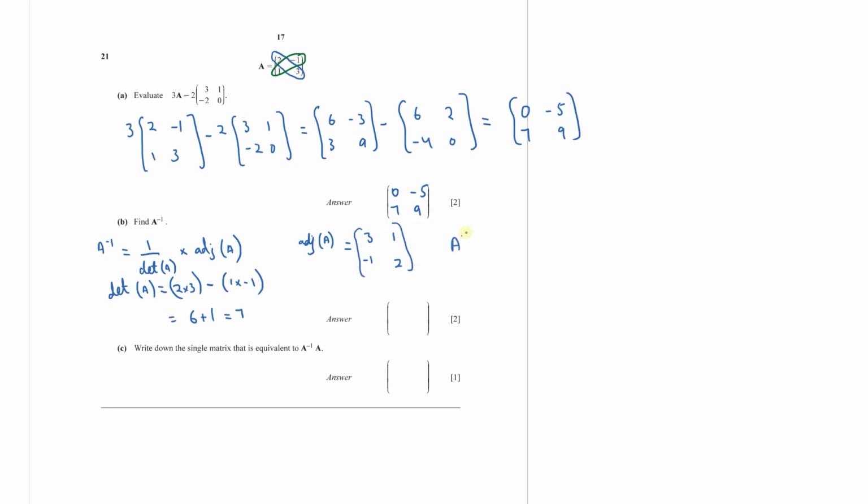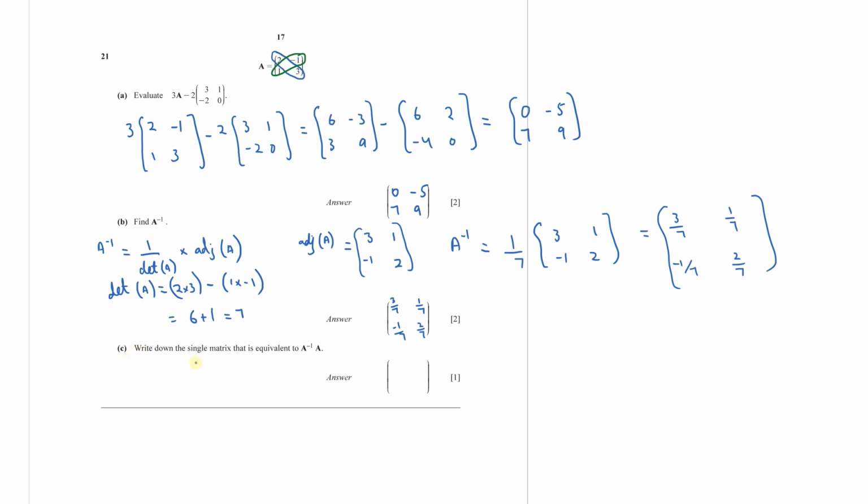So A inverse would be 1 over determinant, 1 over 7 times this adjugate, which is 3, 1, minus 1, and 2. So if you bring 1 by 7 inside, this becomes 3 by 7, 1 by 7, minus 1 by 7, and 2 by 7. So this will be your answer here: 3 over 7, 1 over 7, minus 1 over 7, and 2 by 7.